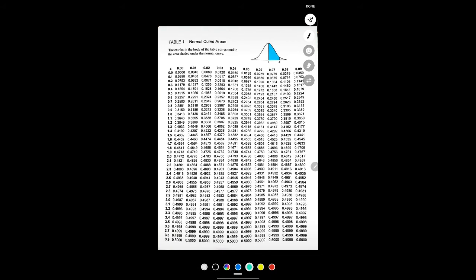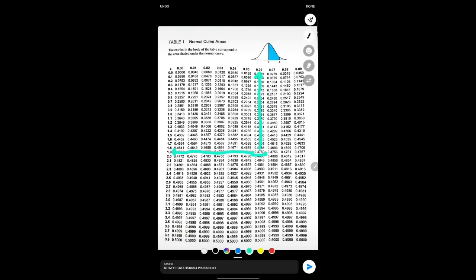So, as you can see, anak, ito yung ating 0.4750. So, tignan natin, ano ba yung kanyang corresponding z-value or corresponding z-score? So, tignan natin dito sa kanyang left side. Ito po yung ating first 2 digits. And then, sa top area, ito po yung ating third digit dun sa ating z-score.